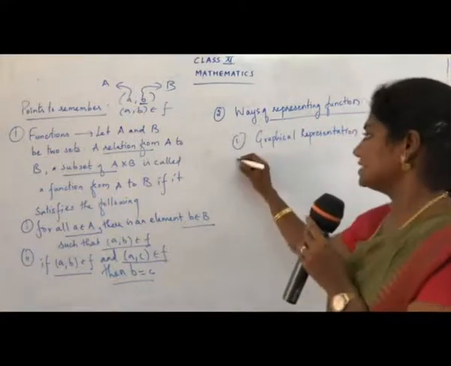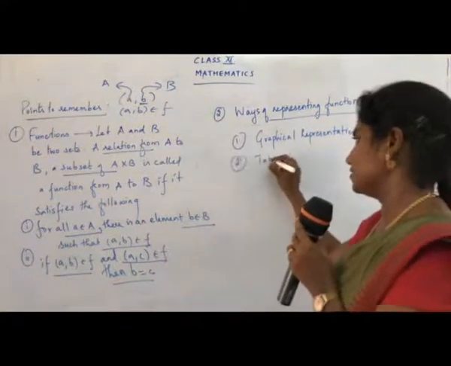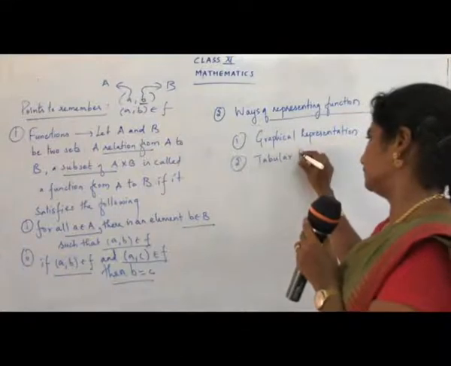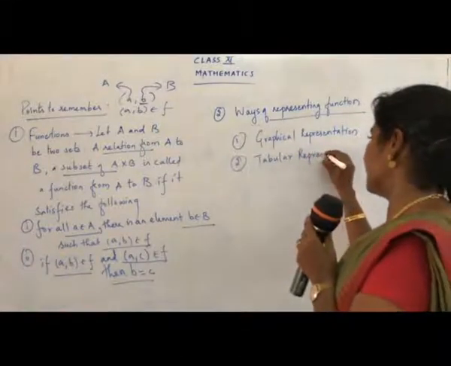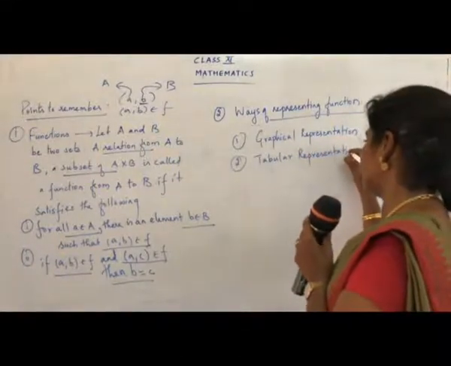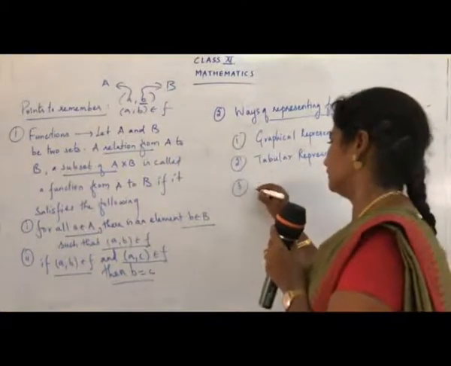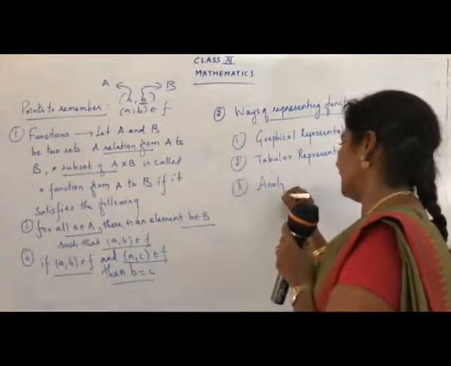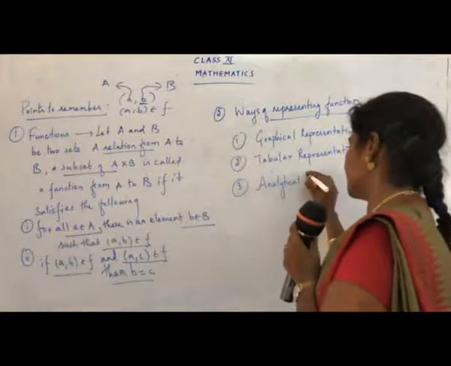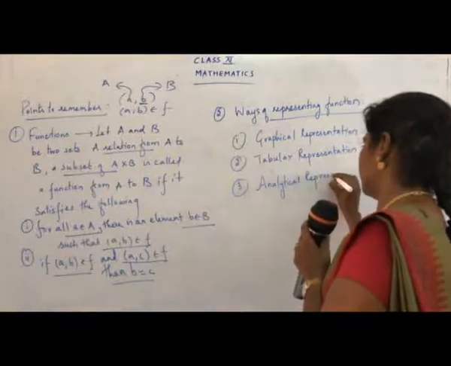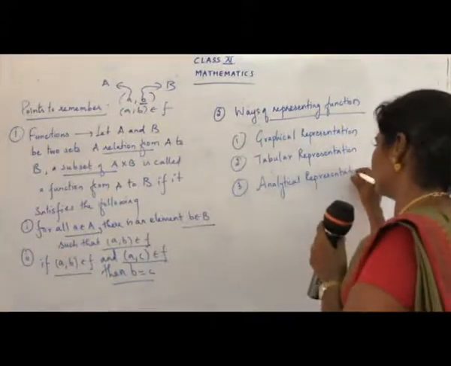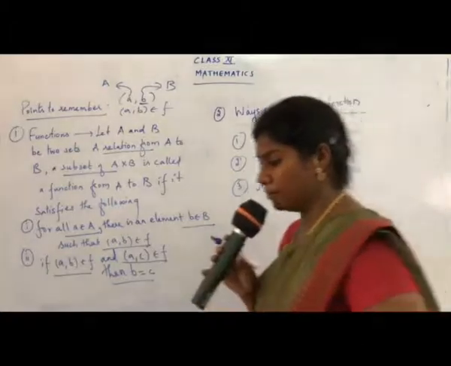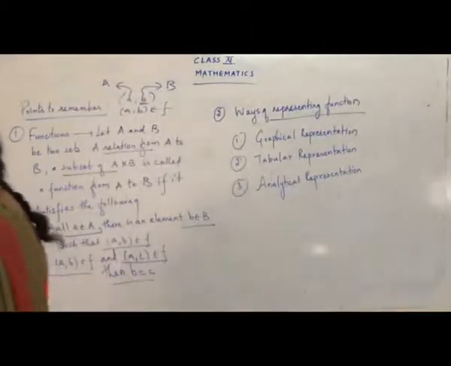The second one is tabular representation. And the third one is analytical representation. Okay, let's have a detailed study about these three different types of representation.